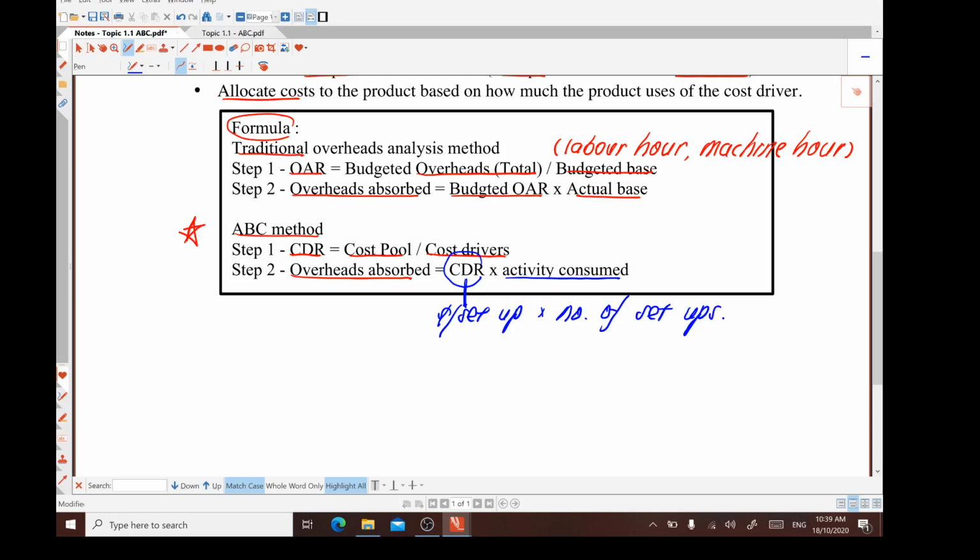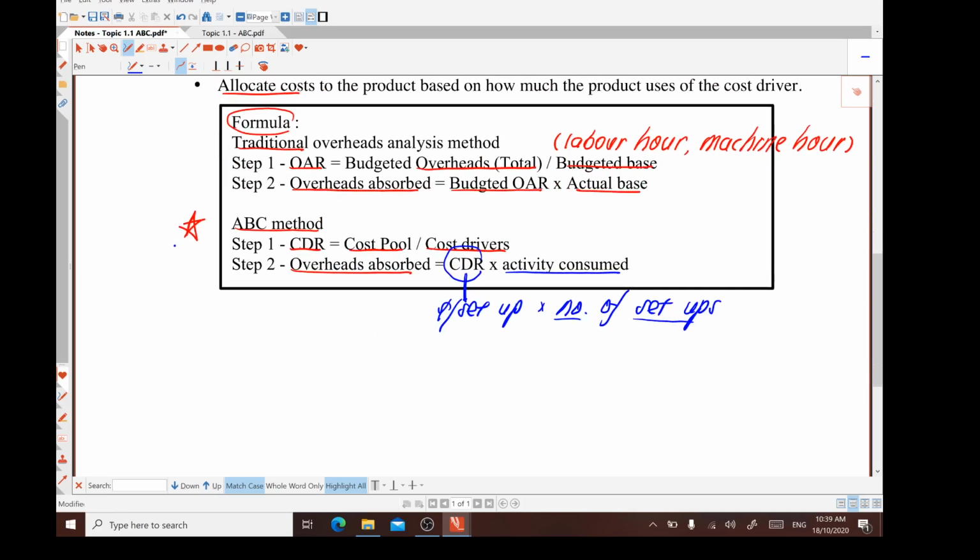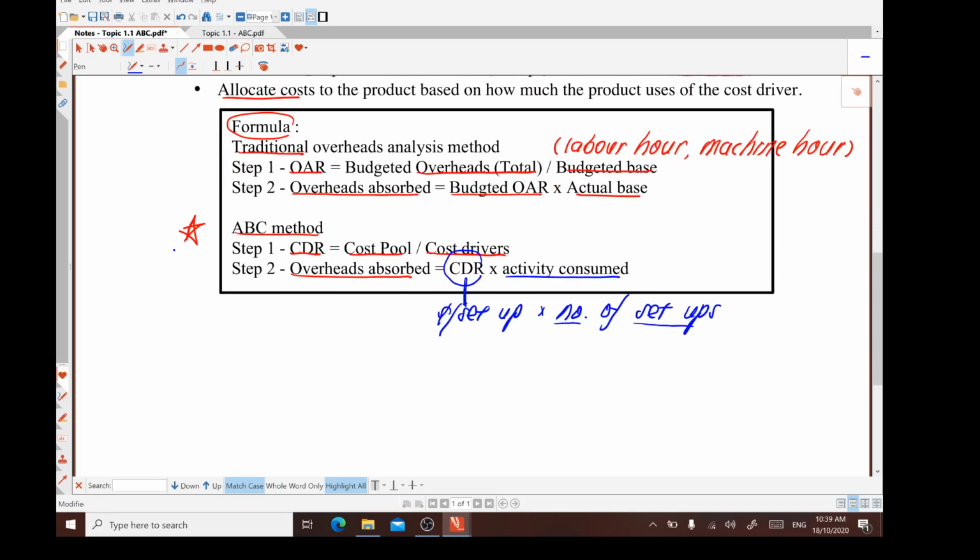Can you see that? This is the one that you must remember. Of course, the higher the number of setups, the higher the setup cost that you charge or allocate back to the product.